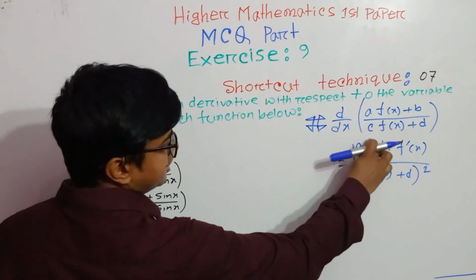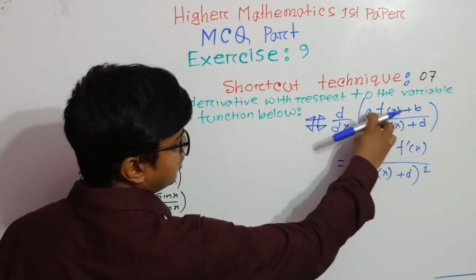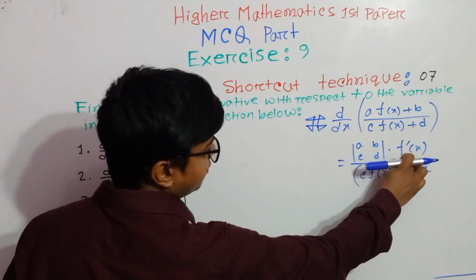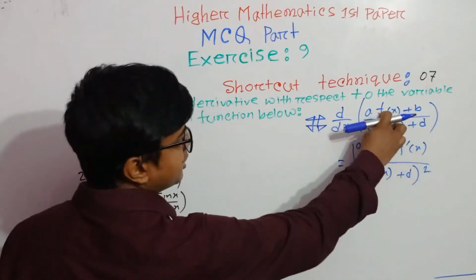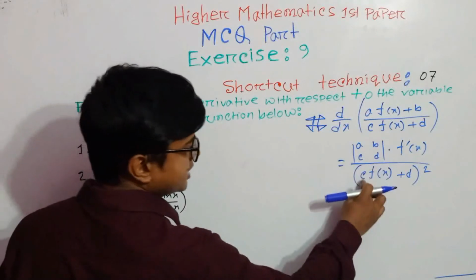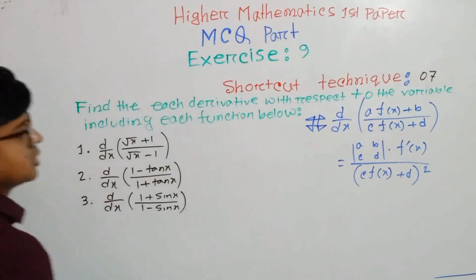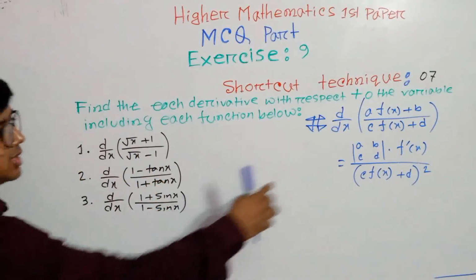So here the determinant of the coefficients and constants, and f prime of x means the first derivative of f of x, by (c into f of x plus d) whole square.